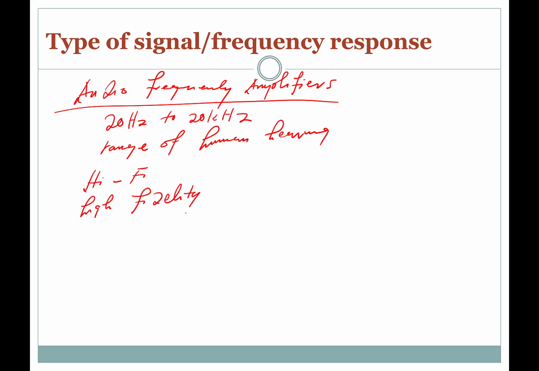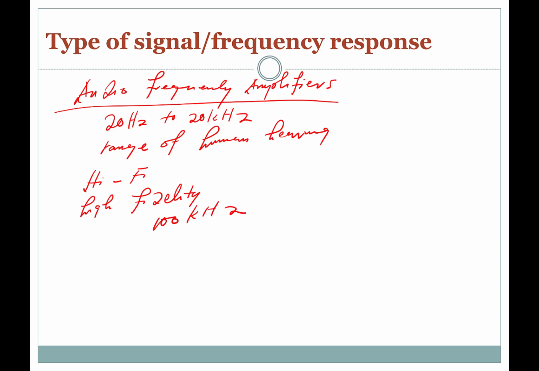These amplifiers extend the range to about 100 kilohertz, whilst other amplifiers may restrict the high frequency limit to about 15 kilohertz or less, which is within the 20 hertz to 20 kilohertz range.